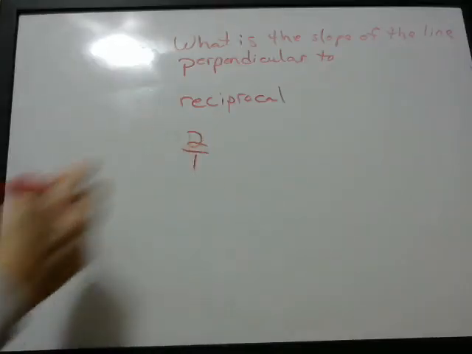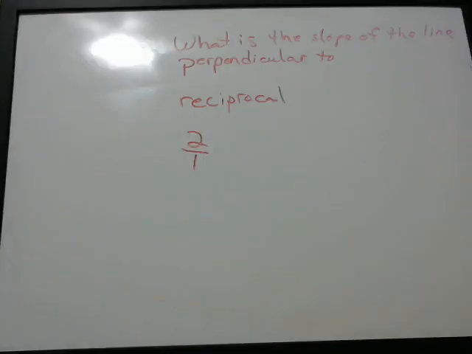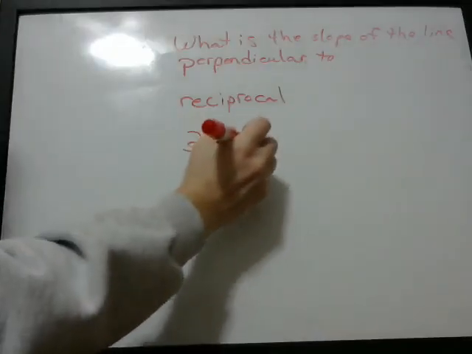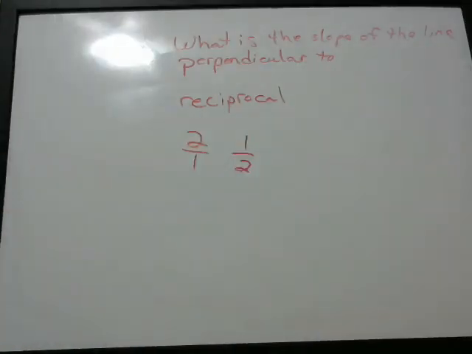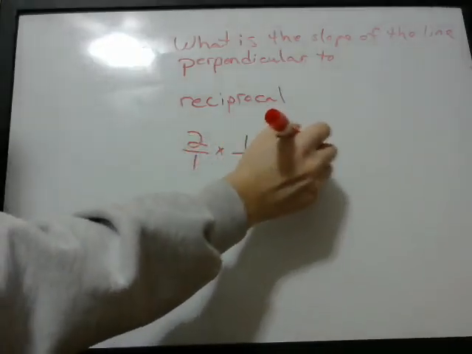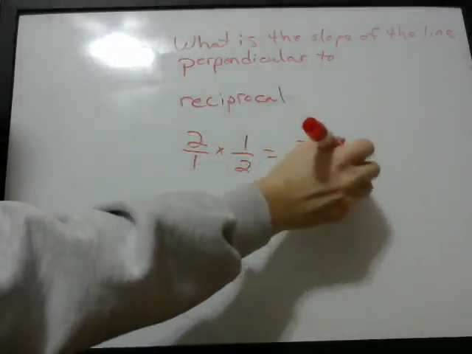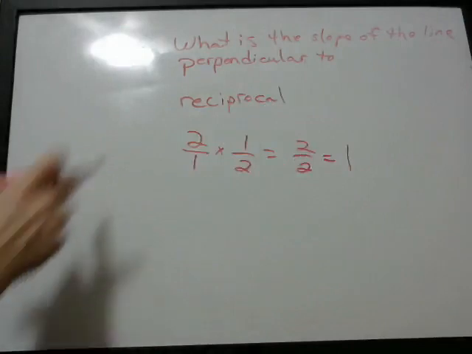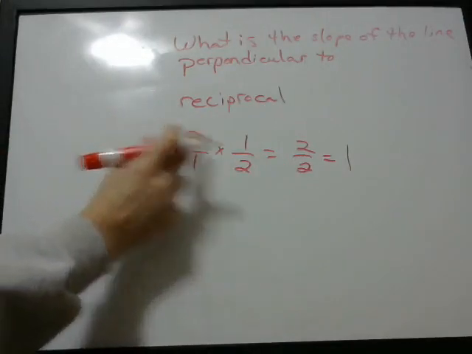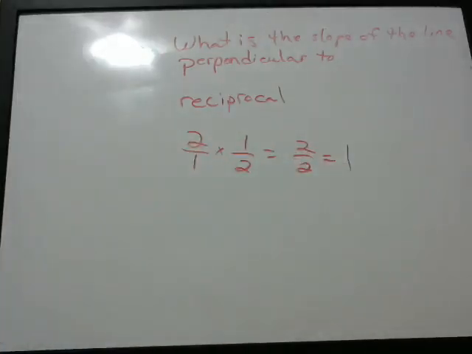It's 2 over 1, because 2 over 1 is 2. So the reciprocal of that is we just flip the fraction. The reciprocal of 2 is 1/2. If we multiply these two together, we get 2 over 2, which equals 1. So the reciprocal again is, what do you multiply by a number in order to get 1? The answer is you just flip the fraction.